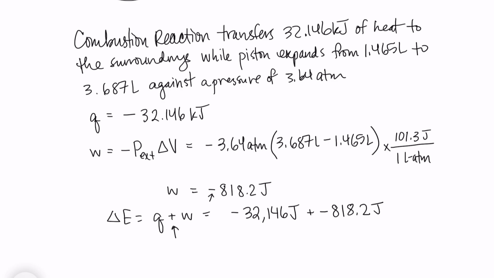But I need to keep track of those signs really carefully. When I add these together, I find out that my delta E in total is going to be negative 32,964 joules, or negative 32.964 kilojoules.